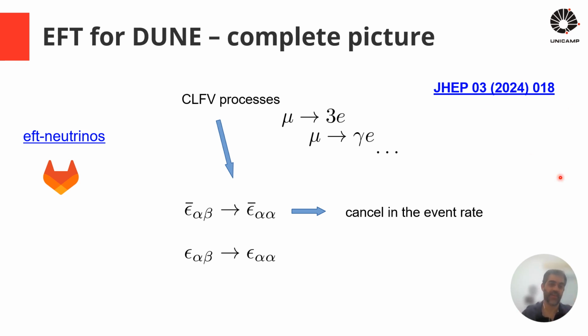Everything is concisely done in this GitLab. You can go there, find the whole chain with some examples, and use it to check which model will affect the NSI you are interested in. This is done very generally.